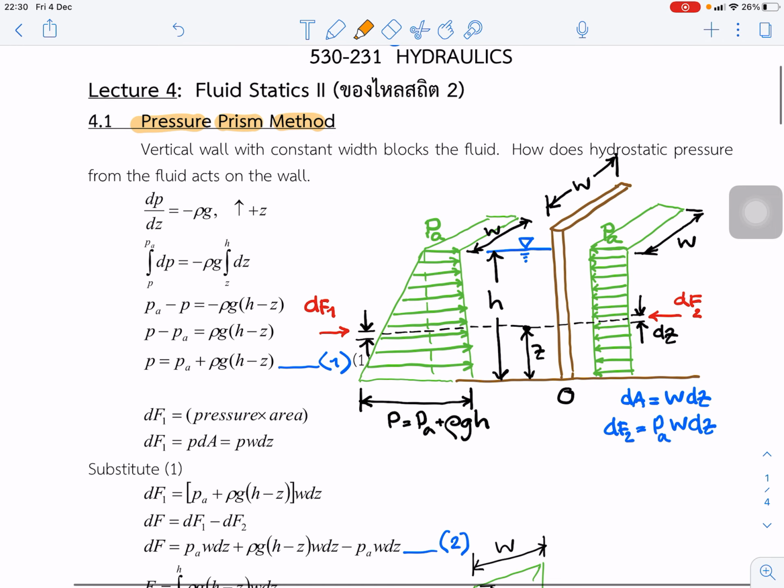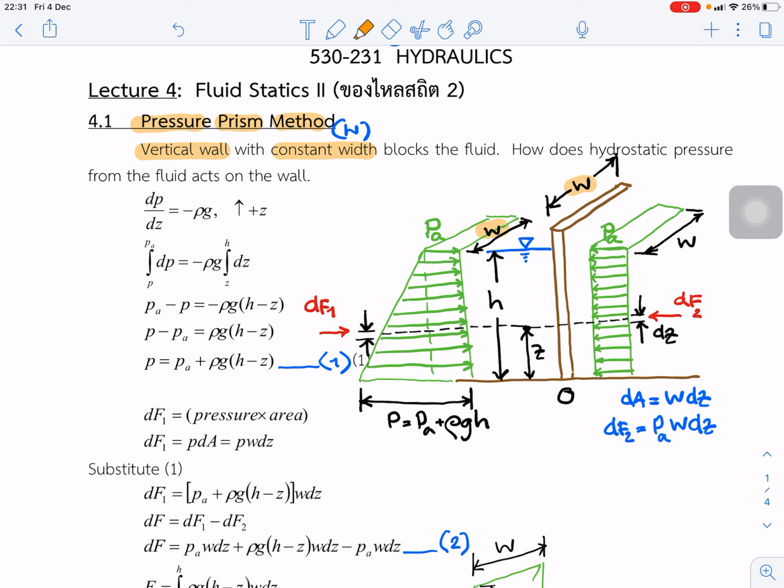Assume that we have a vertical wall with a constant width W that blocks the fluid. How does the hydrostatic pressure from the fluid act on the wall? That is the width of the vertical wall.